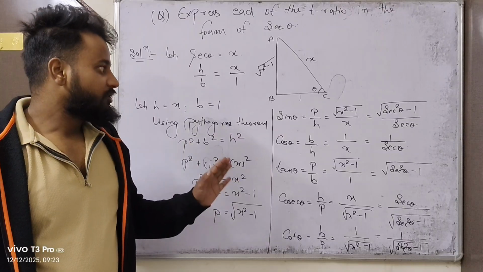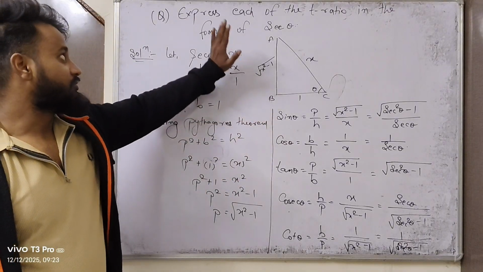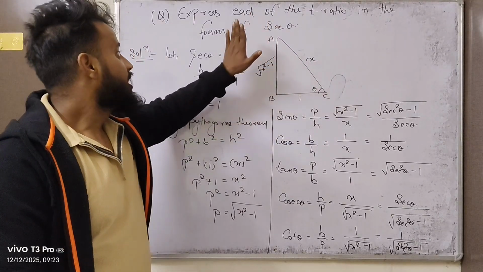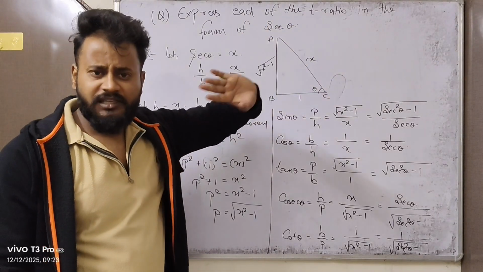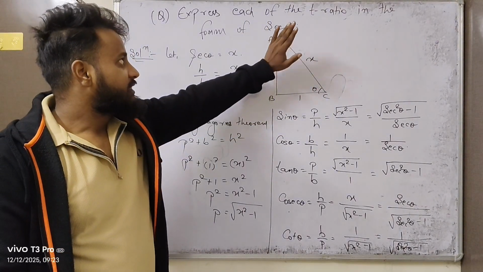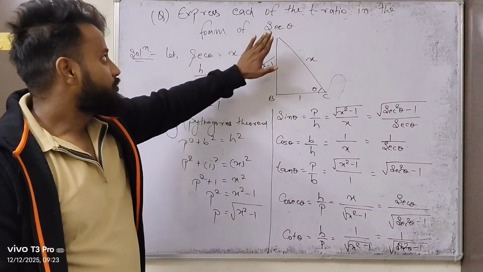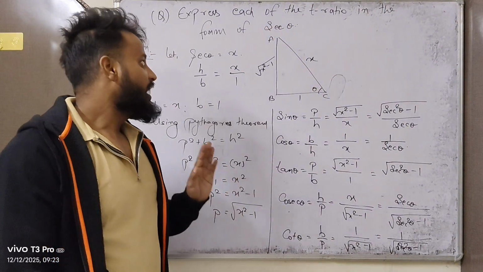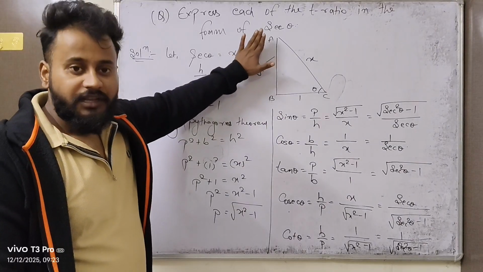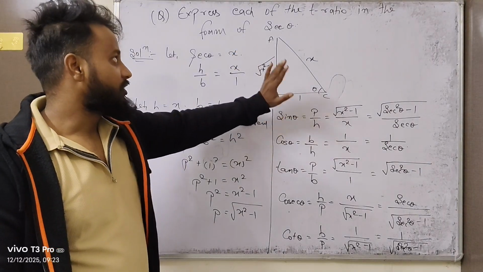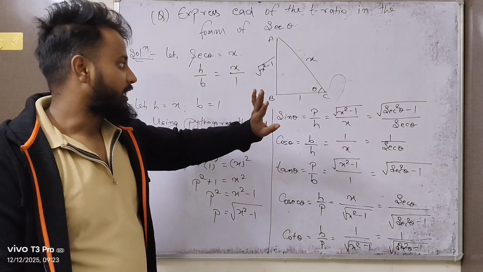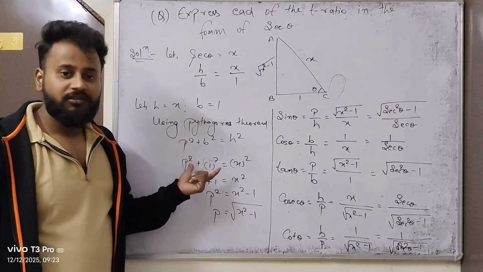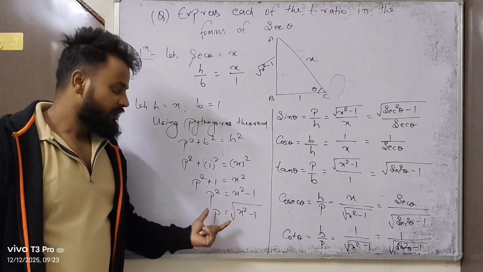We have to continue this process for all the t ratio. If the question is given to express each of the following t ratio in the form of sec theta, or cosec theta, or sin theta, tan theta, what we have to suppose? We have to suppose that the t ratio in the form of which it is asked is equal to x. In class 10 we use trigonometry in a right angle triangle. If we have two values, we can find the third value by using the Pythagoras theorem.